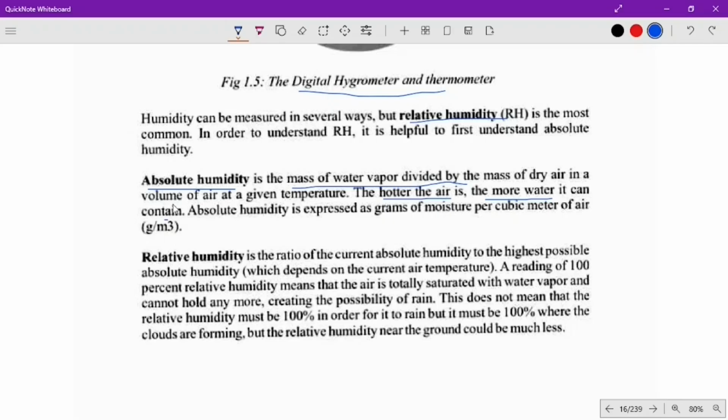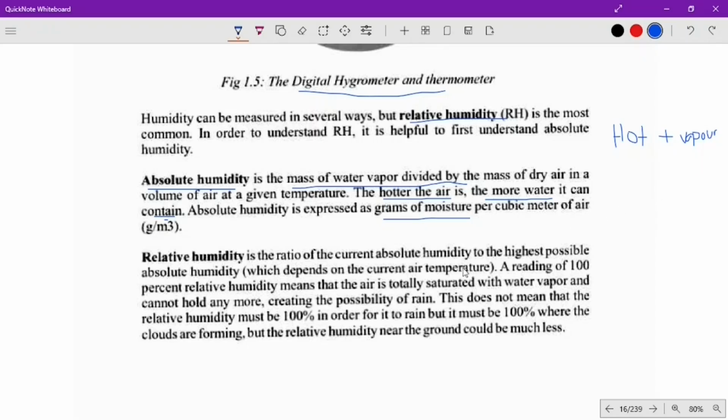If air is hot, it can contain more water vapor. So absolute humidity is expressed as grams of moisture per cubic meter of air. What it means is hot air means more vapor. Okay, that is our absolute humidity.